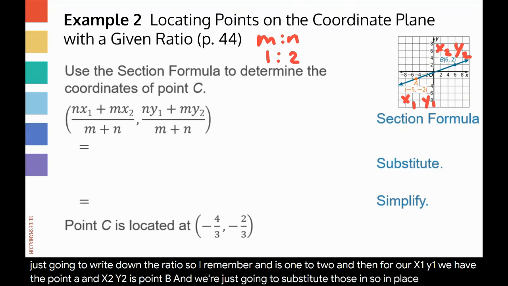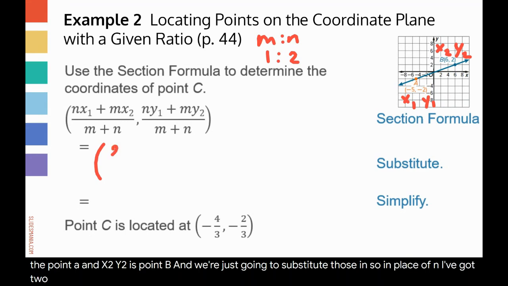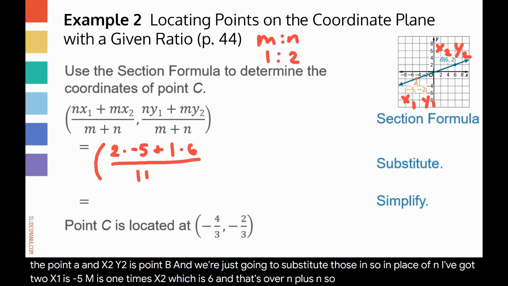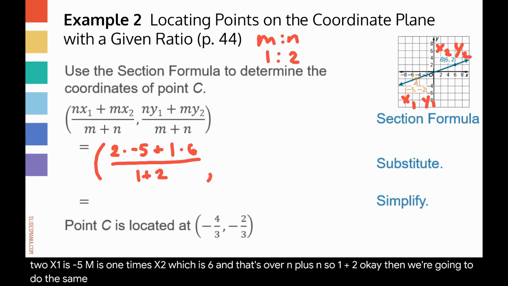So in place of n, I've got 2 times x1, which is -5, plus m, which is 1, times x2, which is 6, and that's over m plus n, so 1 plus 2. Okay, and then we're going to do the same thing for y.